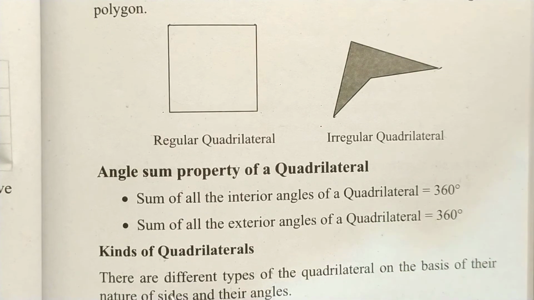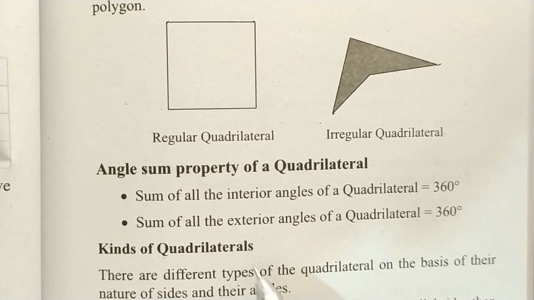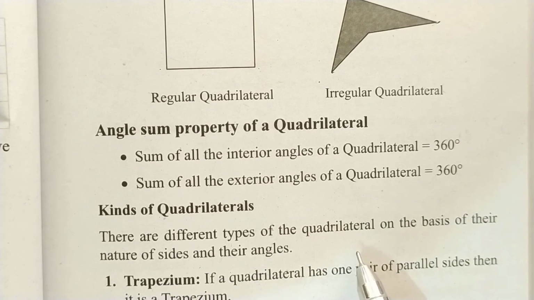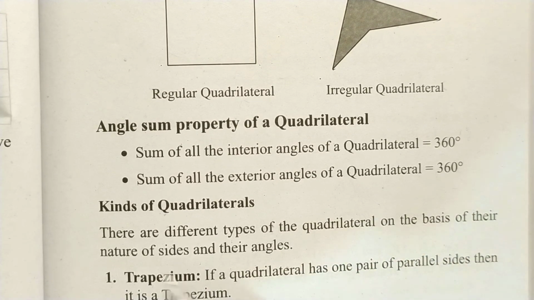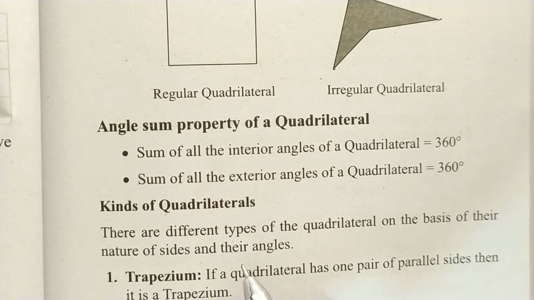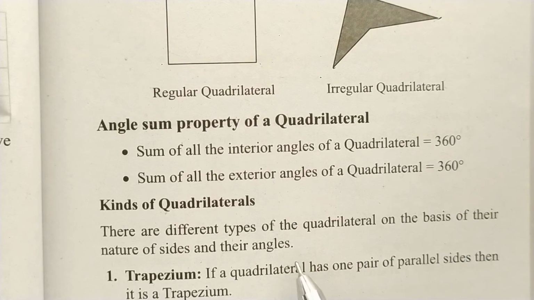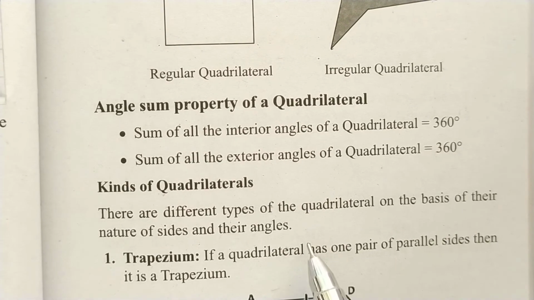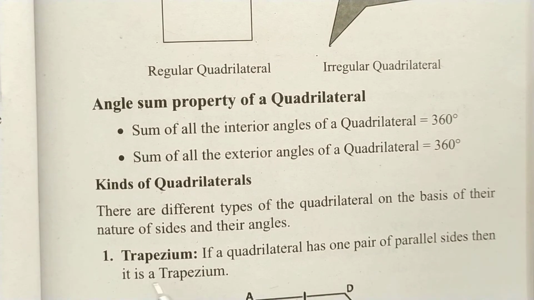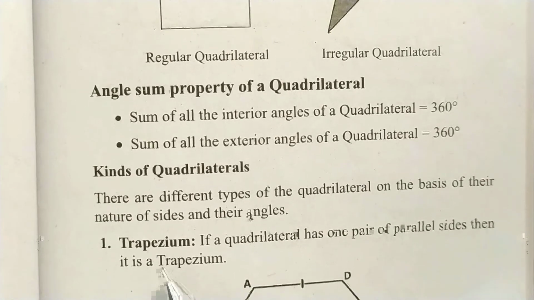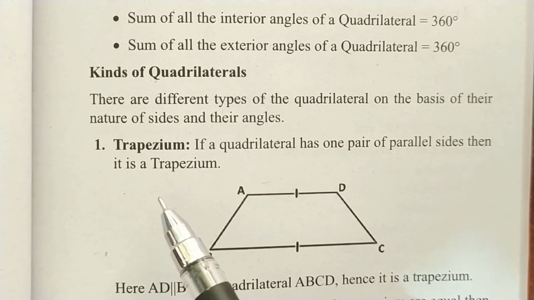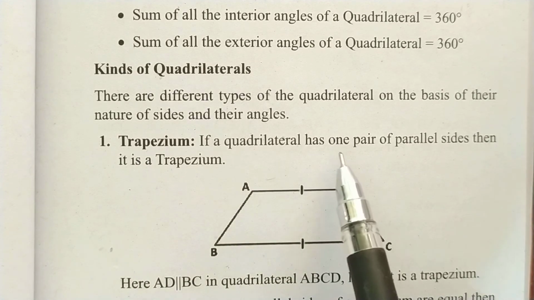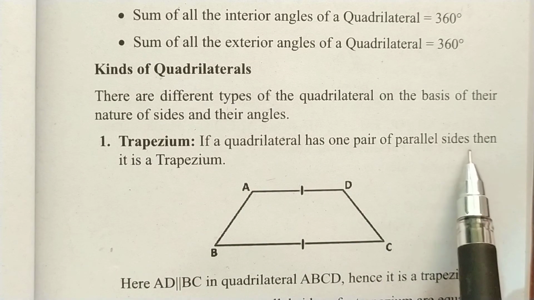Now next point, we should go to the kinds of quadrilateral. There are different types of quadrilaterals on the basis of the nature of their sides and their angles. It depends upon their sides and angles. Now the first one is the trapezium. A trapezium is a quadrilateral with one pair of parallel sides.